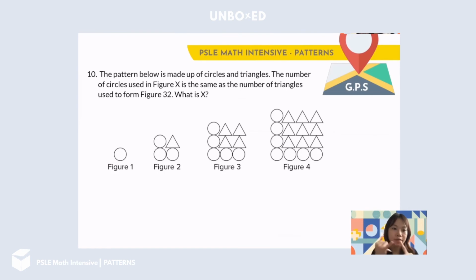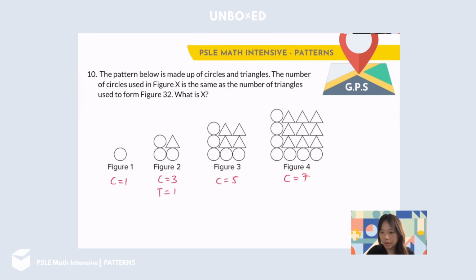So number 1, I use gaps, grouping and gaps, which is the G. Then I taught you how to use pair up, which is P. And S stands for square numbers, right? In this case, I count the number of circles and triangles first, then I can see what I should use. Circles is 1, 3, 5, 7.